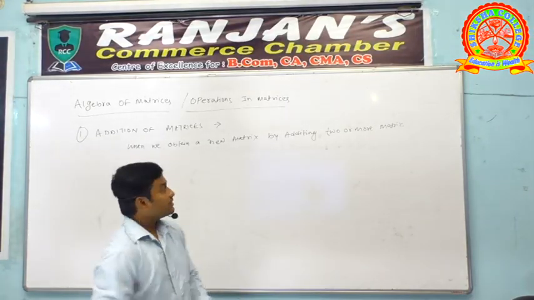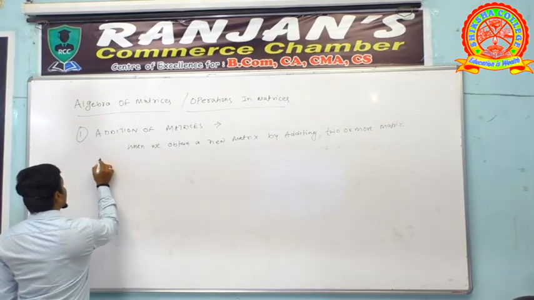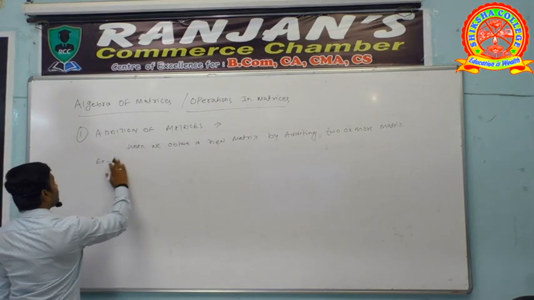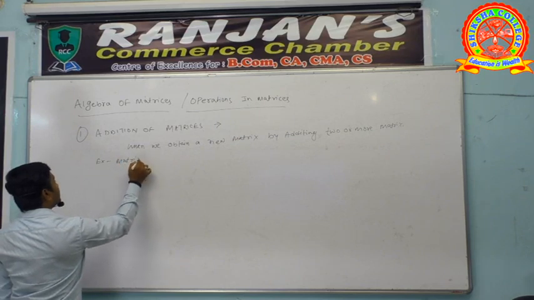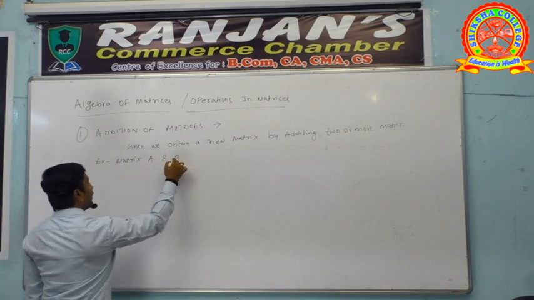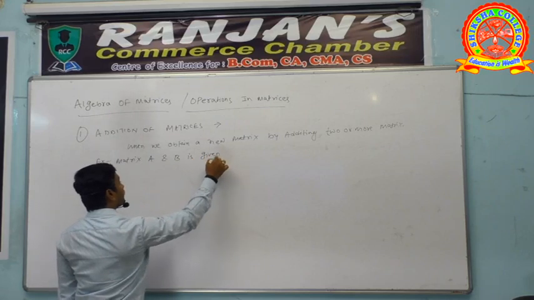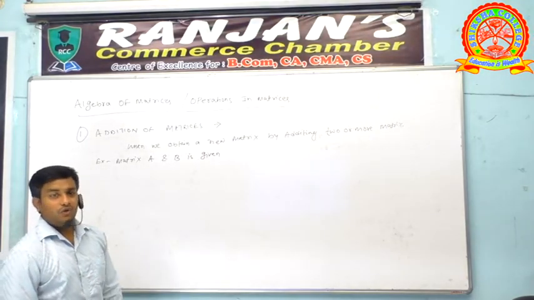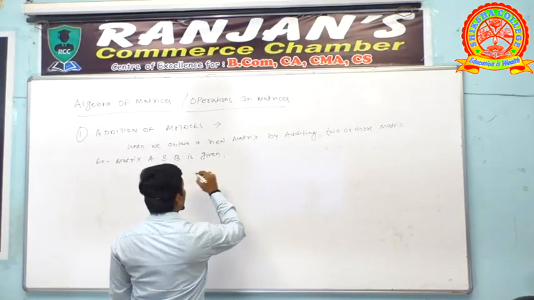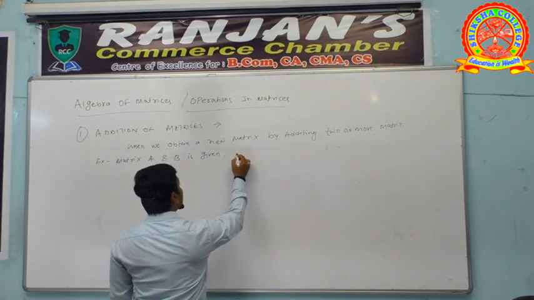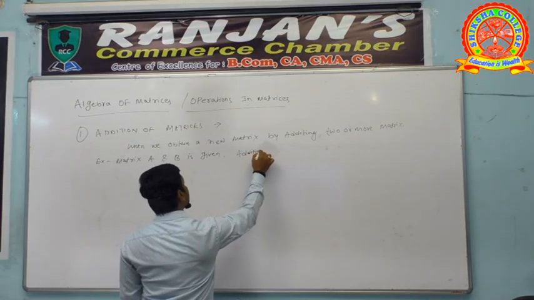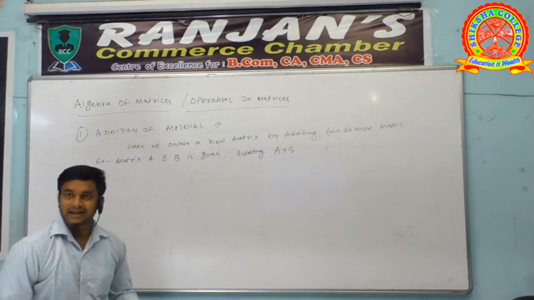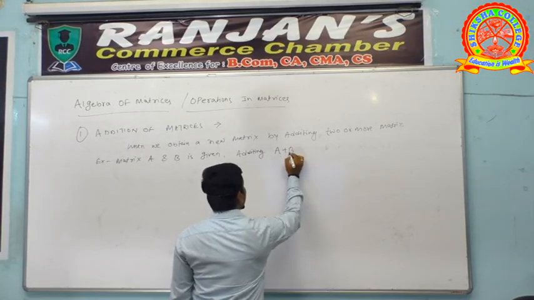For example, matrix A and B are given. So if you want to add, then simply we do A plus B. A is the name of a matrix and B is the name of another matrix.